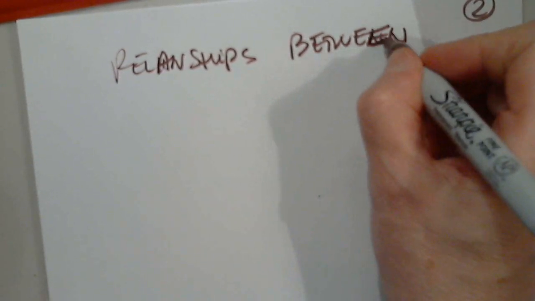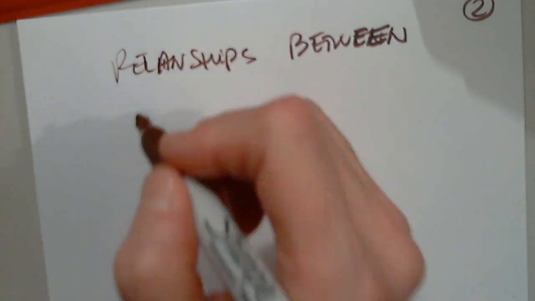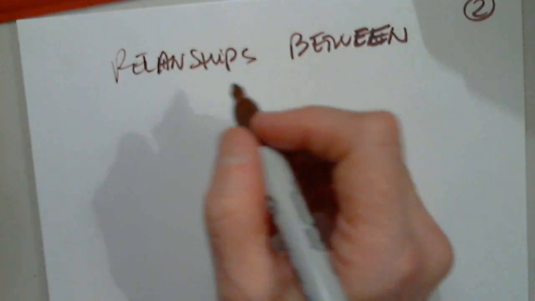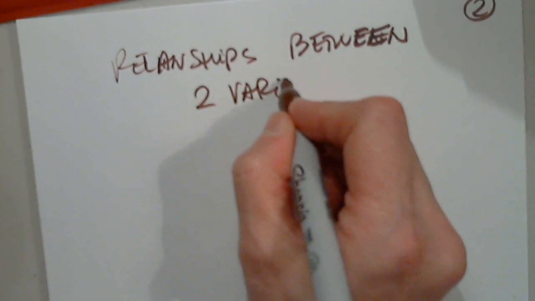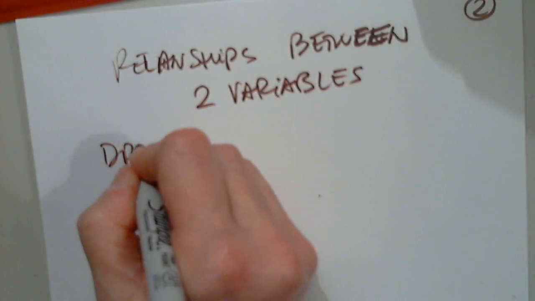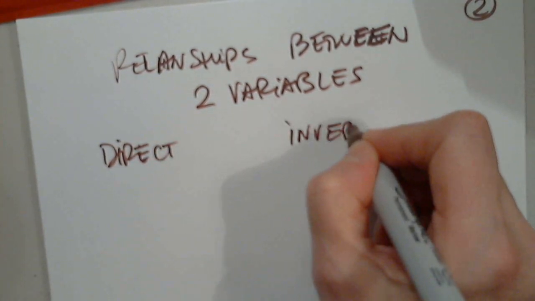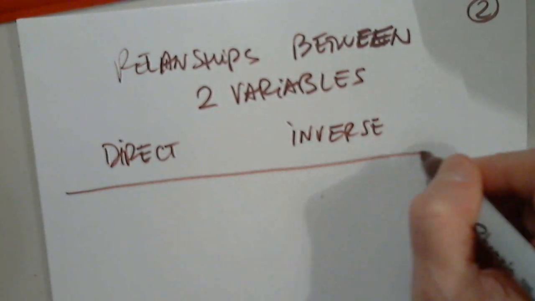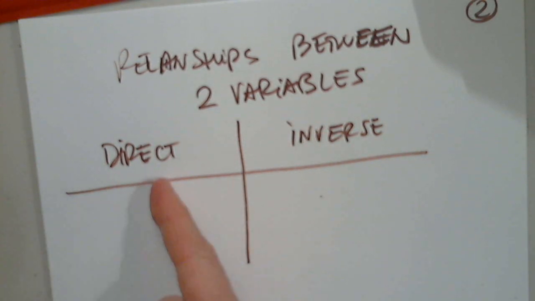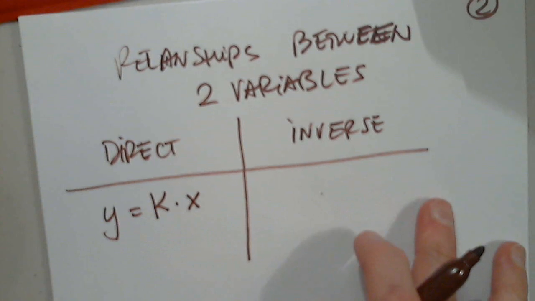I told you sometimes I swallow words when I write uppercase letters. Don't let me do that. Relationships between two variables. Direct, inverse. The direct: y equals k times x.